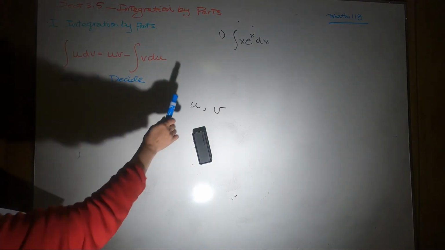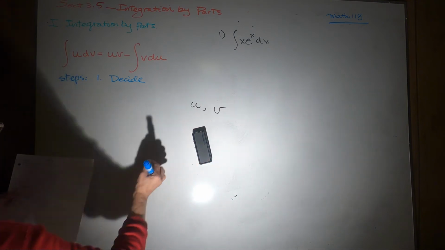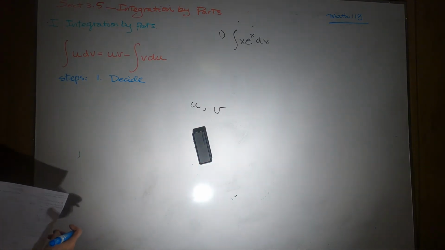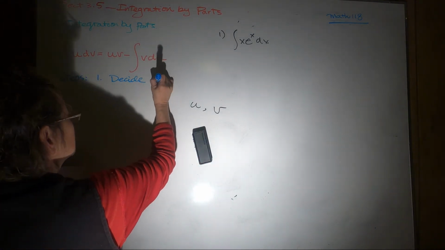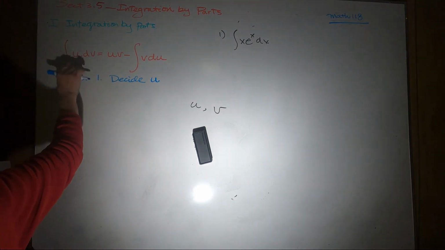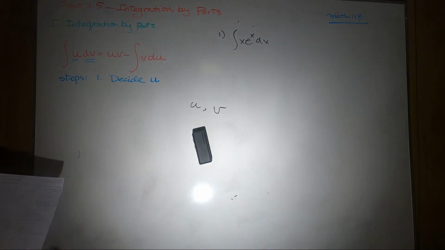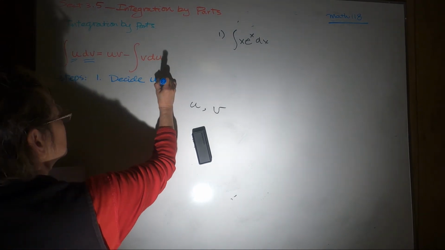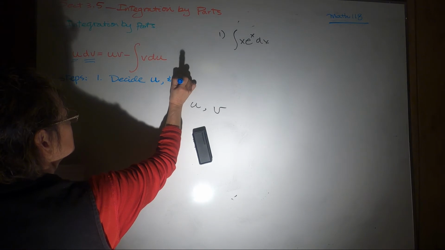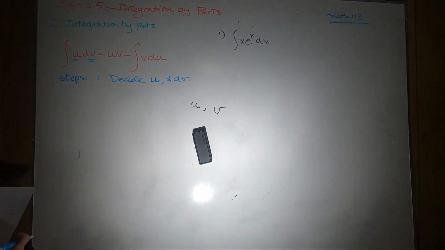You have to split this into two parts, one is u and one is dv, because we want to do this, u dv. So we decide the u and dv first.